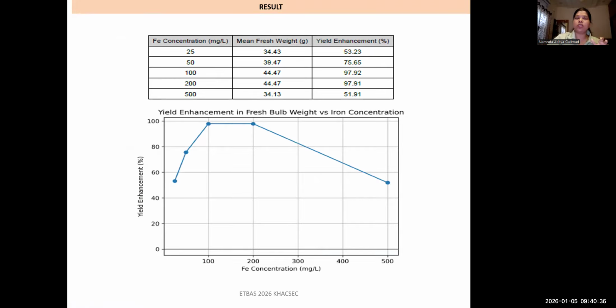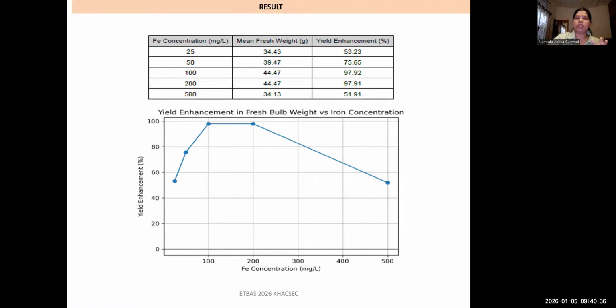If we see in the chart, the mean fresh weight has been calculated for all the concentrations for all the particle sizes, and we have compared the yield, in percentage, as to what yield I have received for control and what yield I have received for that particular concentration. And then you can see that in every concentration we have received more yield than the control.